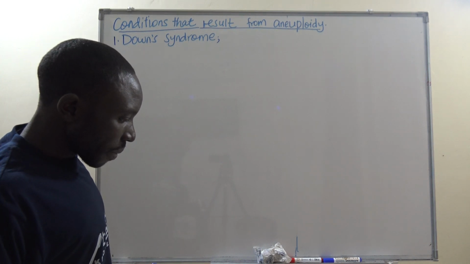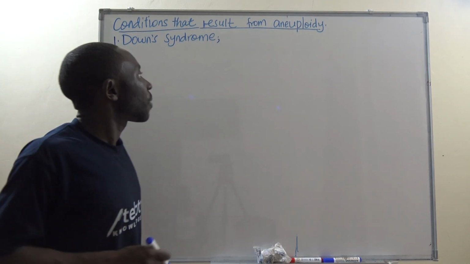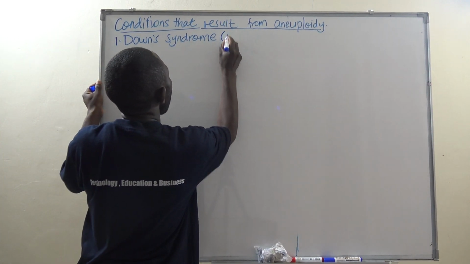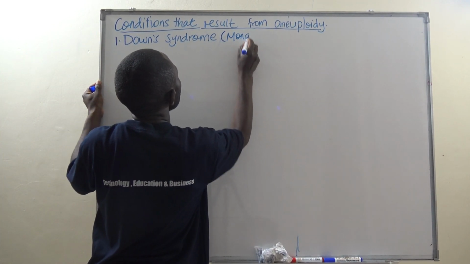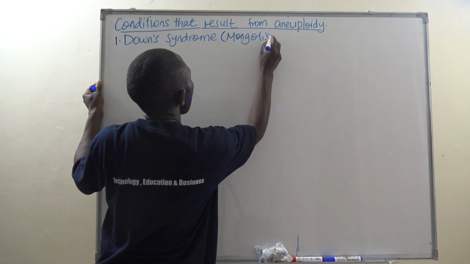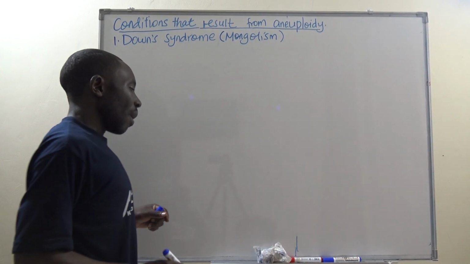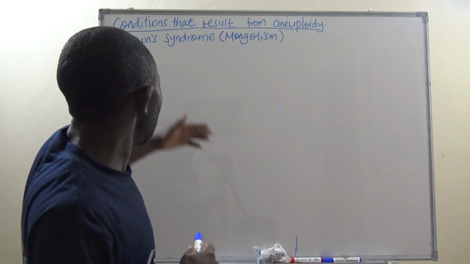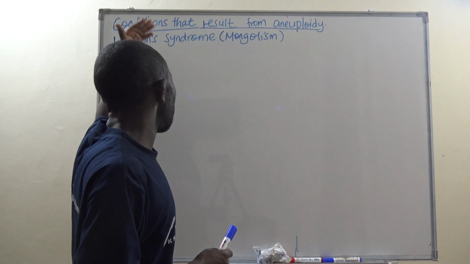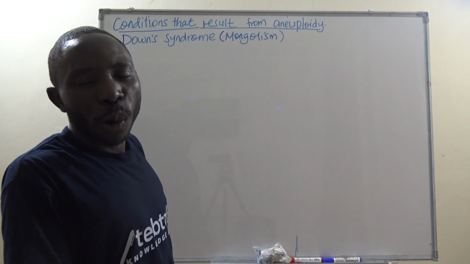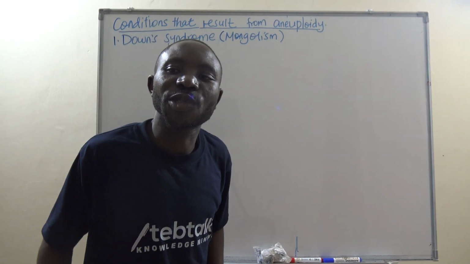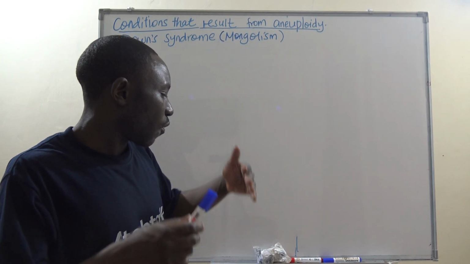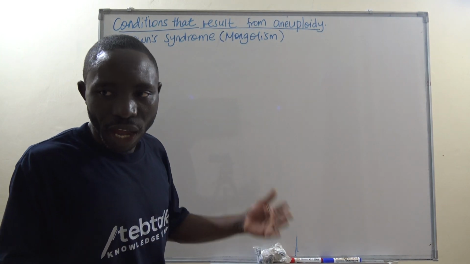Now, Down's syndrome is also called Mongolism. Also called mental retardation. And individuals having Down's syndrome are also sometimes called idiots, because those people have low ability to learn.